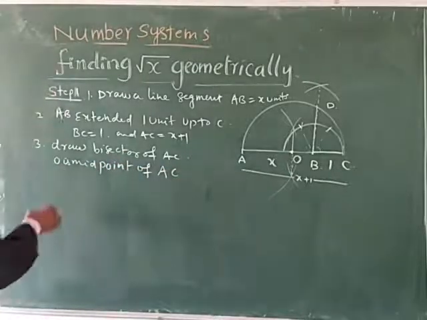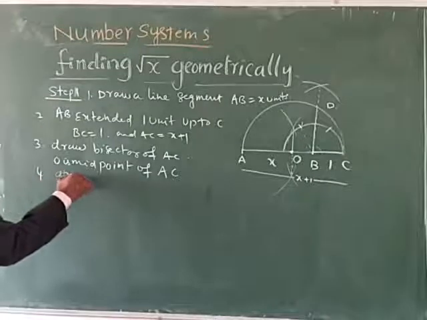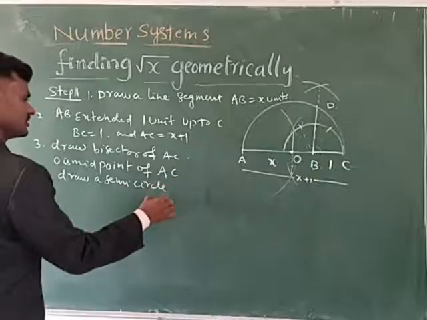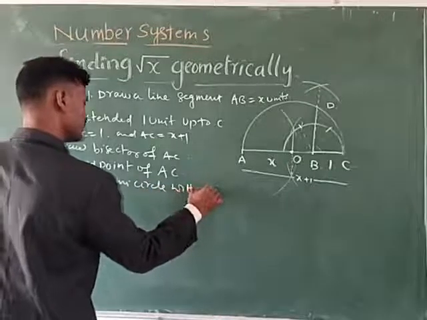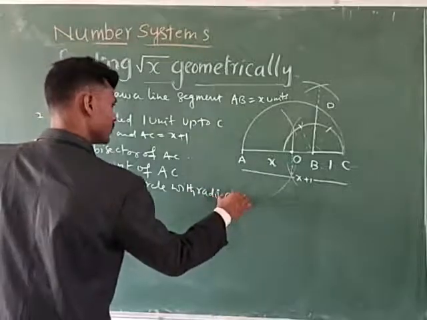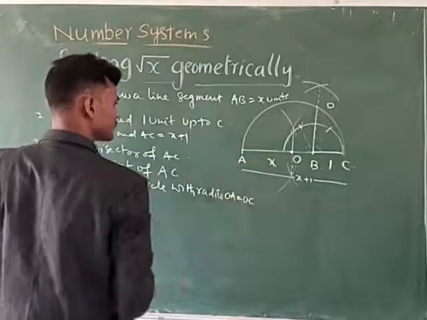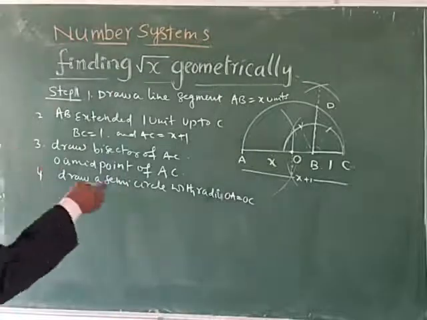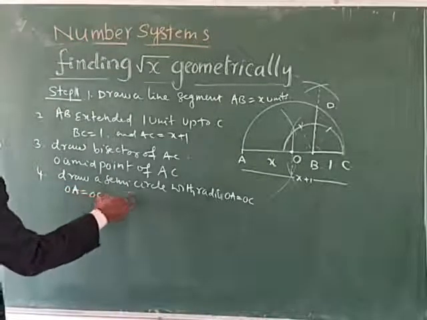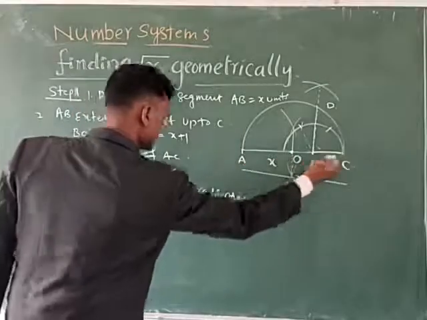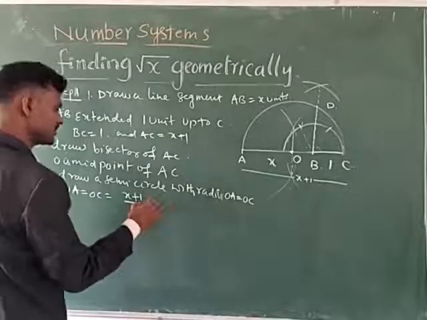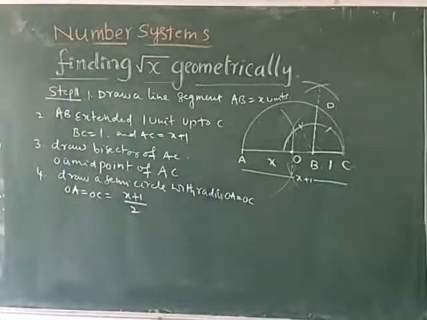Now draw a semicircle with radius OA equal to OC. So here OA is equal to OC. How much? Total AC is equal to x plus 1, so OA is equal to OC is equal to (x plus 1) by 2.